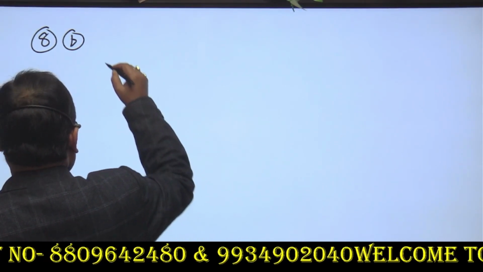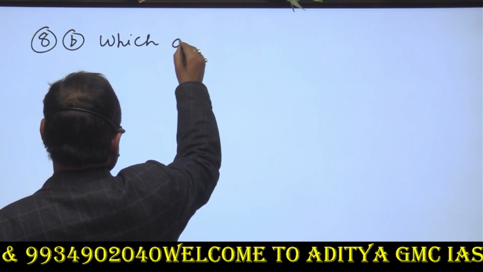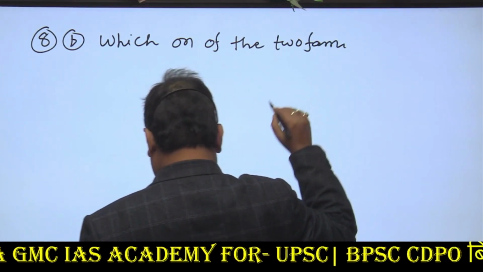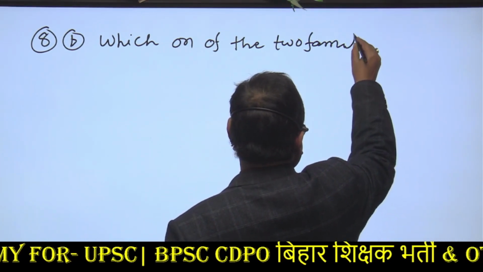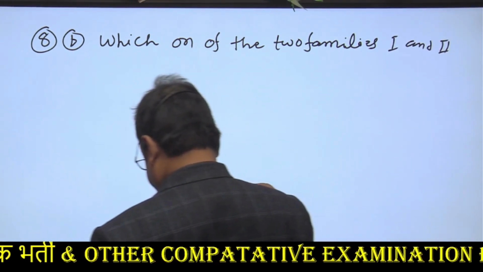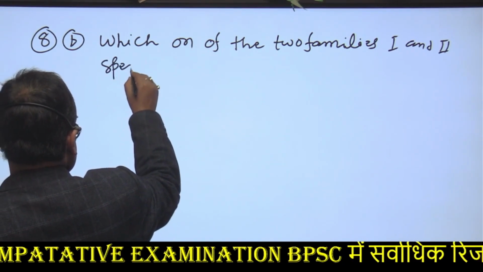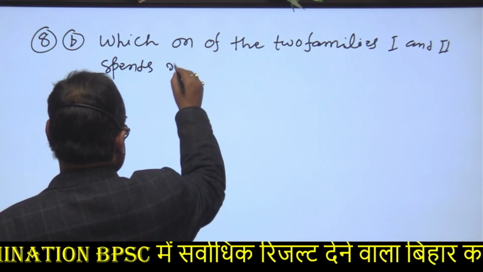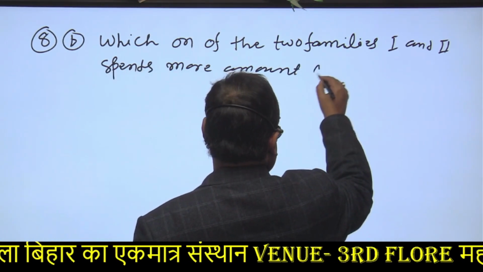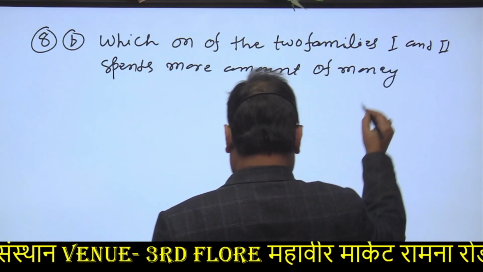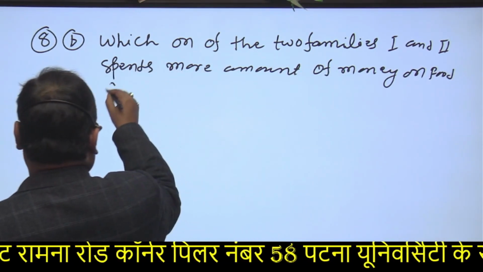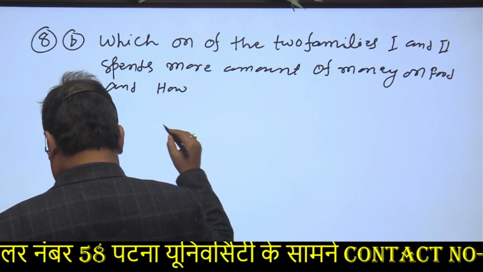Which one of the two families, families 1 and 2, spends more amount of money on food, and how much more?